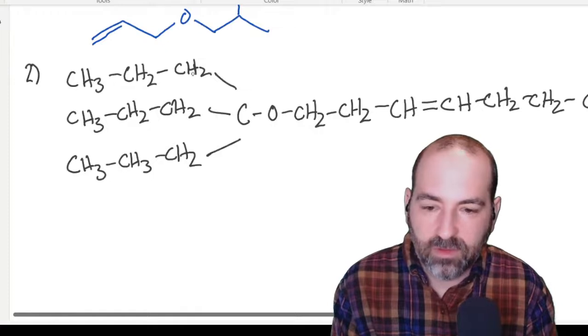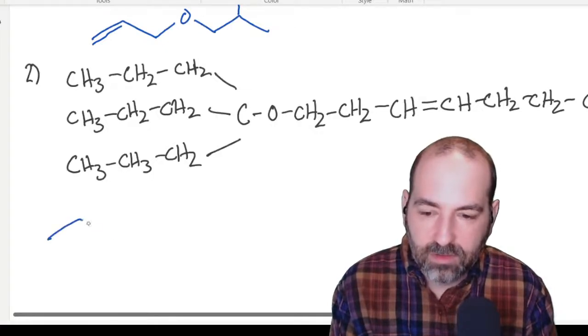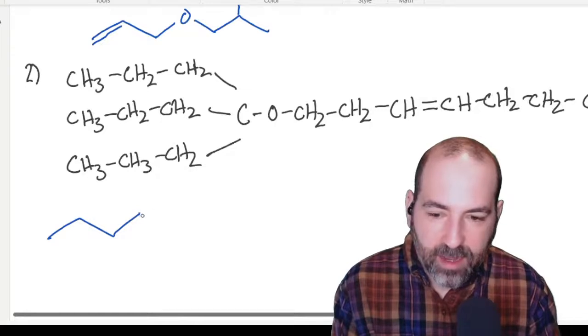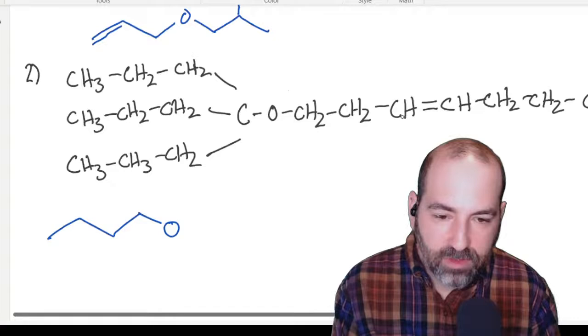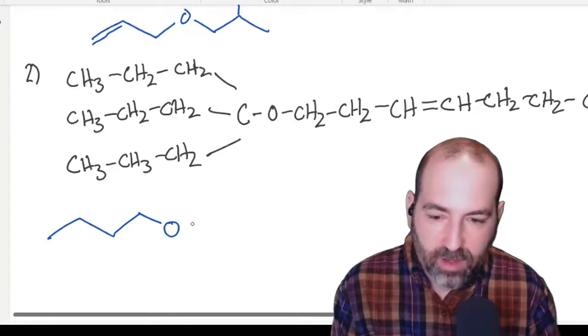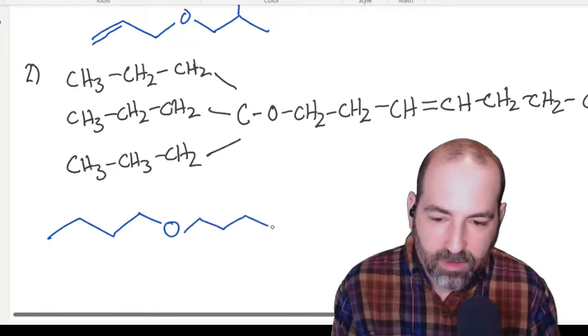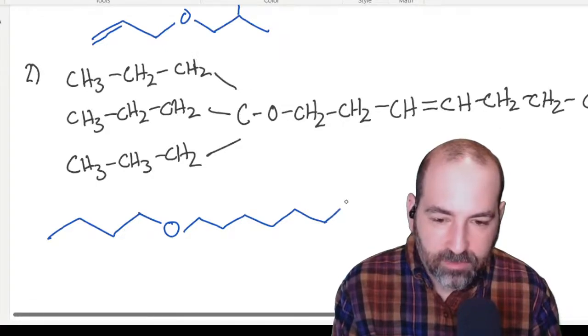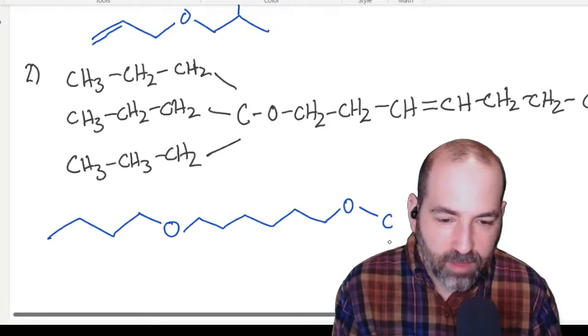So 1, 2, 3, 4 carbons, 1, 2, 3, 4 carbons, 1, 2, 3, 4. Okay, then an oxygen. Then 1, 2, 3, 4, 5, 6 more carbons. And then another oxygen. And then a carbon. And then 2 more coming out from the end.